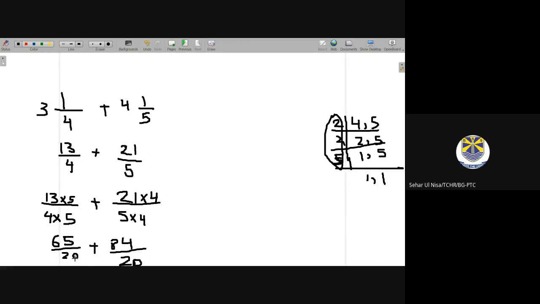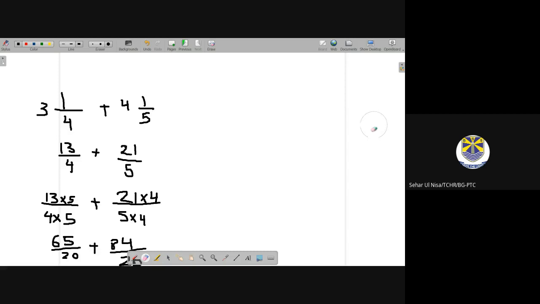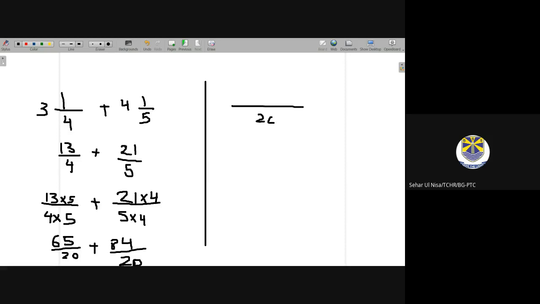We just write the denominator one time. So I'm going to write 20 one time, and then I will write the other numbers that are 65 and 84.